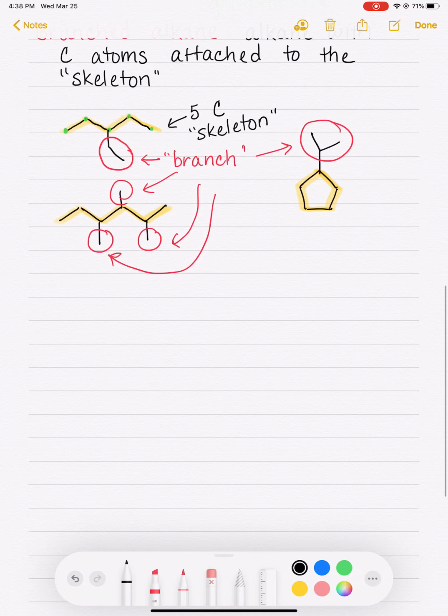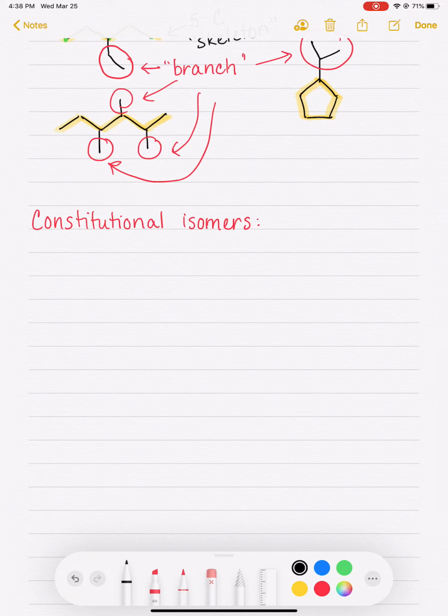The last topic for section 12.2 is something called constitutional isomers. Constitutional isomers are molecules. Could be 2 molecules, could be 3 or 4 or more.